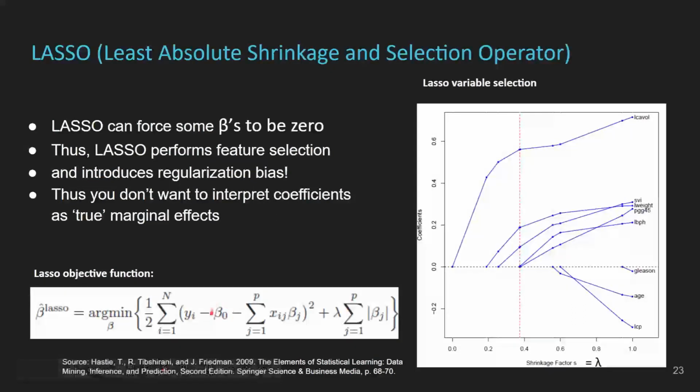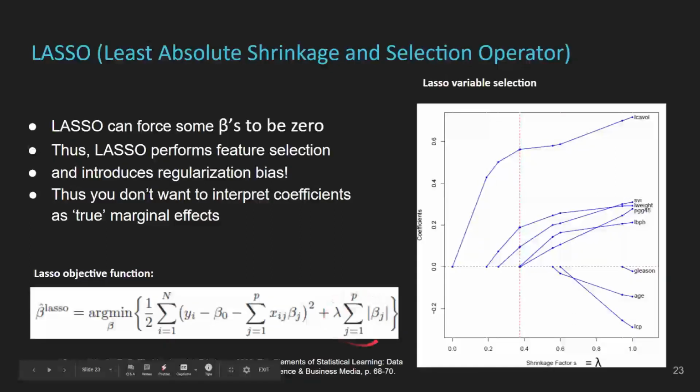We see here, however, the distinction of the constant parameter, beta 0, and here are the slope parameters of the features, the beta j going from j equal 1 to p, p being the overall number of features. So now, this is the penalty.